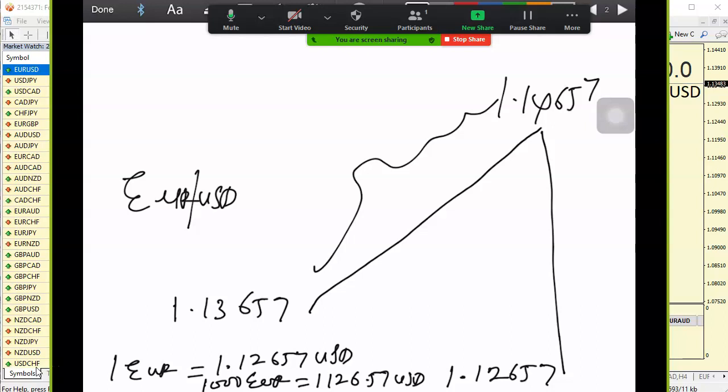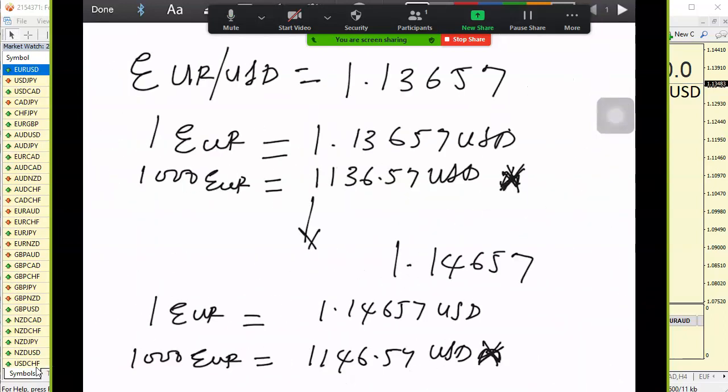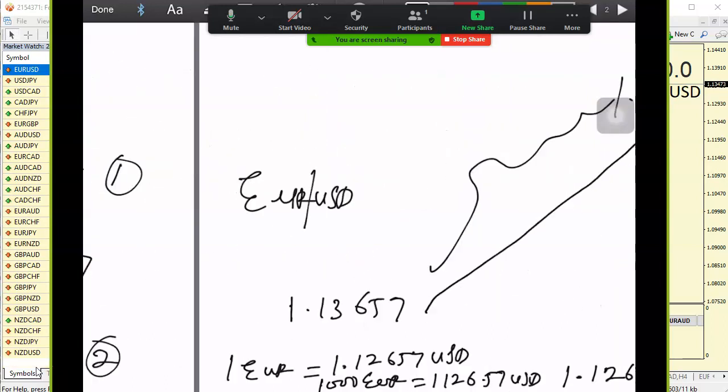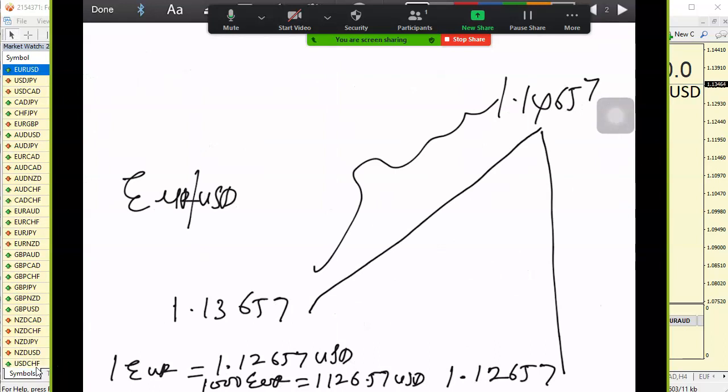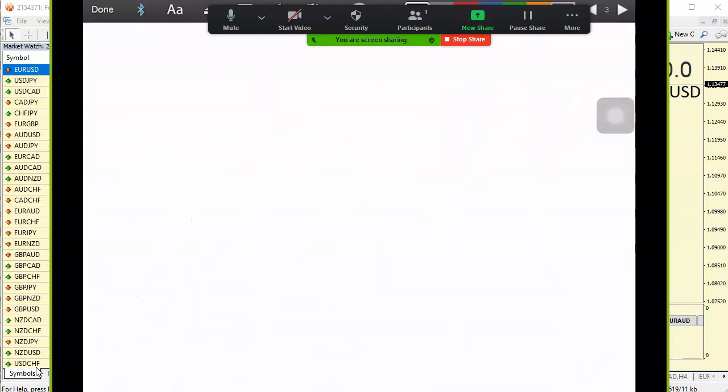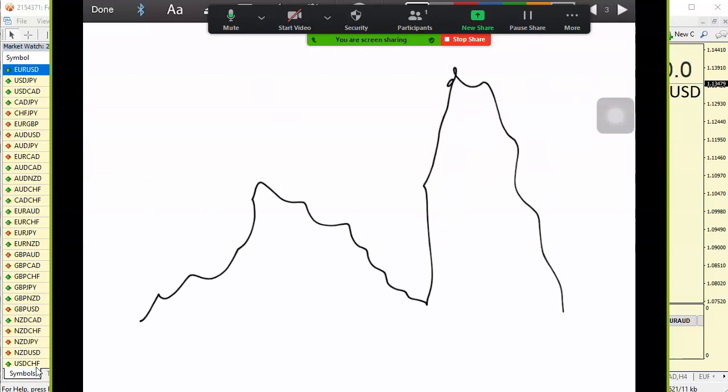Now you can see the value is lower than the initial value. So this is price 1, went up to price 2, then came down to price 3. This is why your charts will always have these kinds of movements, up, down, up, down.